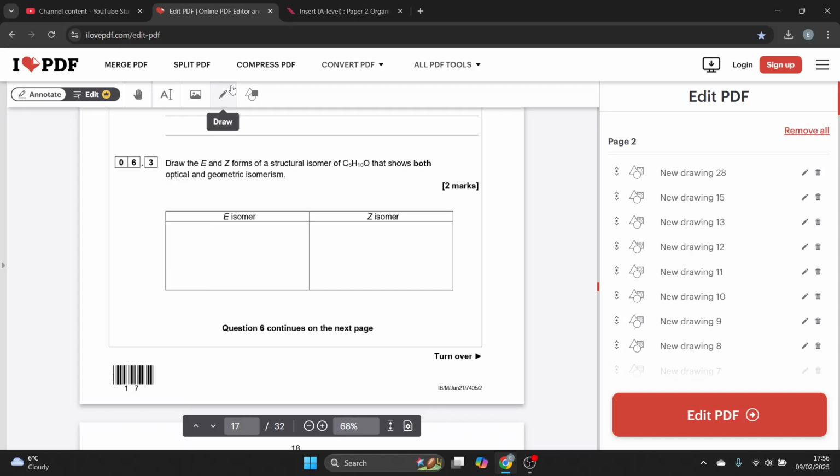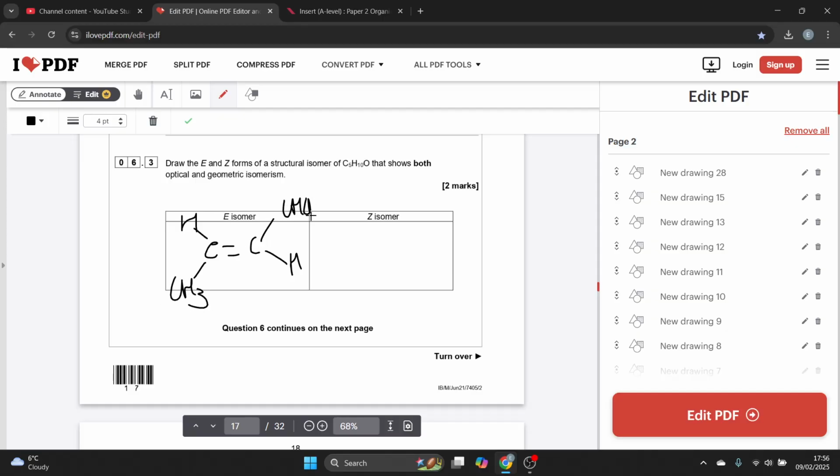Draw the E/Z isomers of structural isomers of C5H10O that show both optical and geometric isomerism. We've got hydrogen here, hydrogen here, a methyl group here, and then what's remaining is CH3OH.